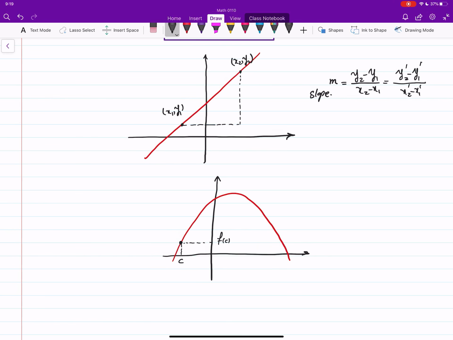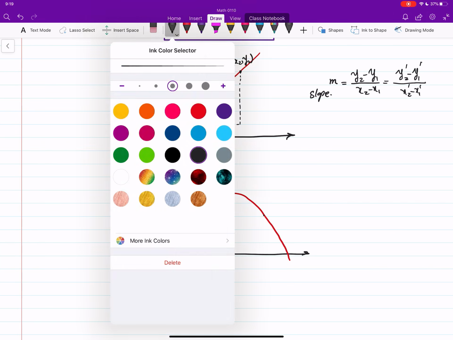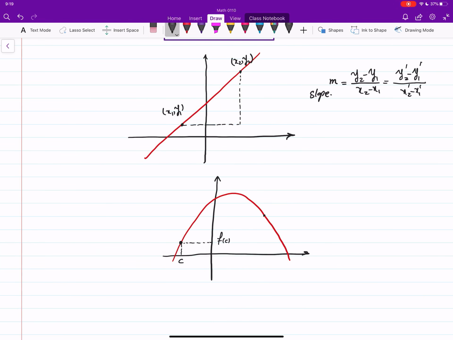What can you do for this one? Okay, the first guess will be, well, do whatever you did for a line. Choose any other point on the graph and then find the rise over run for that one. But right away you notice that this really depends on what point you choose.